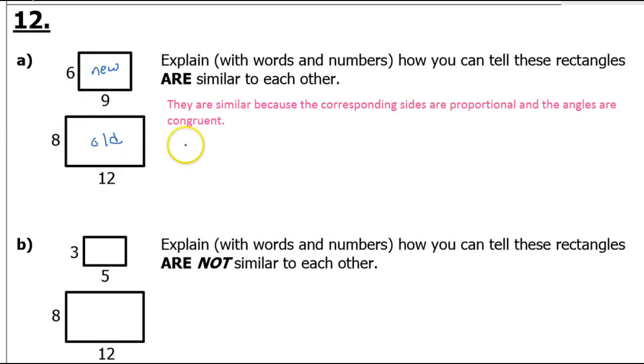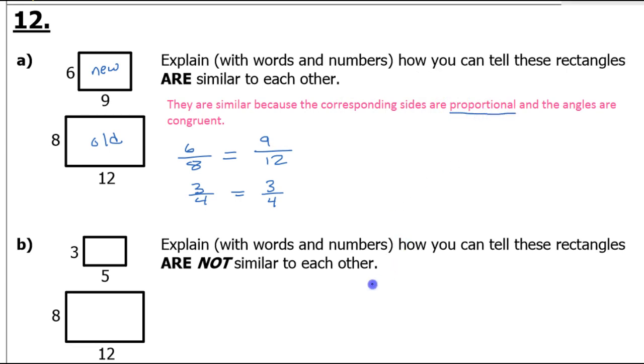So now I will have 6 over 8, and that must equal 9 over 12. And because this reduces down to 3 over 4, and both of these are divisible by 3, and this reduces down to 3 over 4. Okay, so we've just proven that new over old equals new over old. So these numbers show that the corresponding sides are proportional.